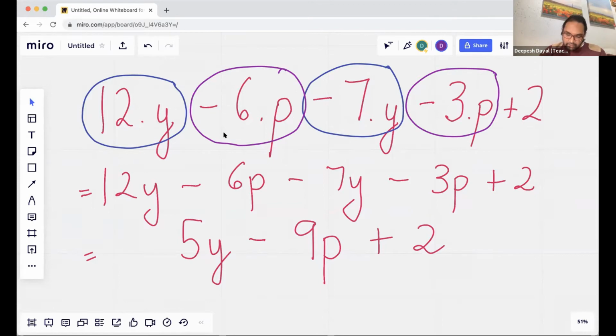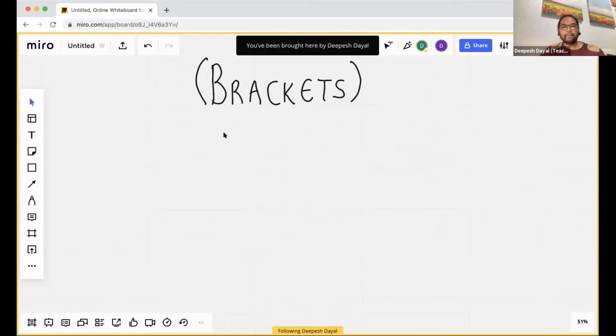So we're going to use brackets in simplifying the algebraic expression when we multiply, right? So I'm going to write here brackets. So brackets, we use brackets. That is the brackets, right? Okay.